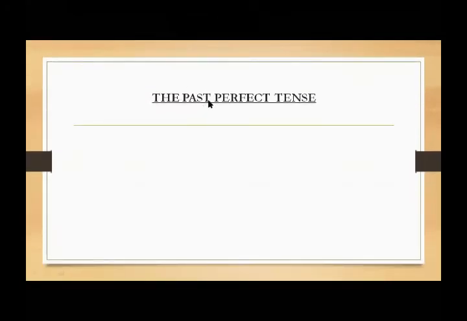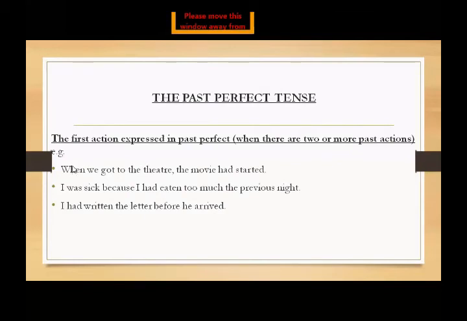Now then, past perfect tense. The use of past perfect is: the first action is expressed in past perfect tense when in the past there are two or more actions. So let's see the examples.